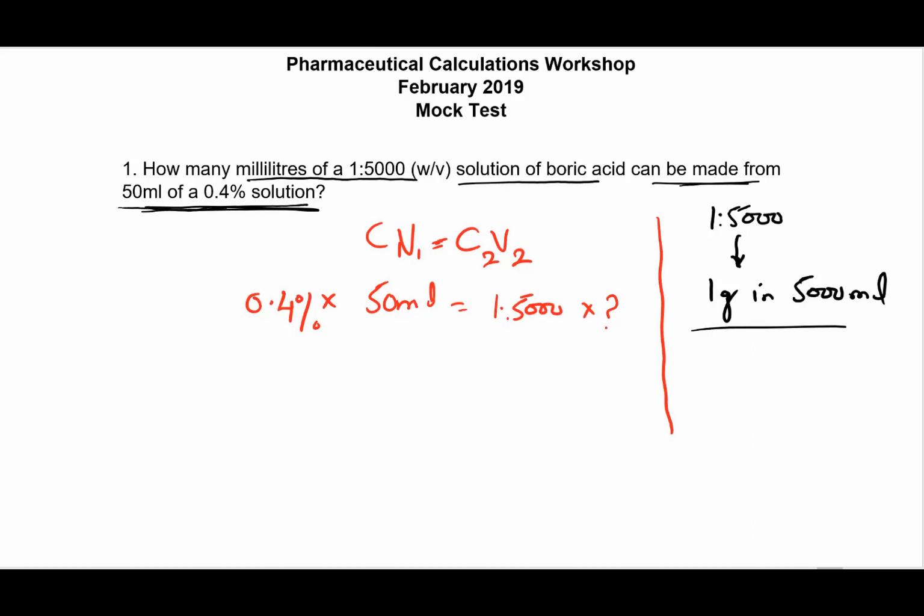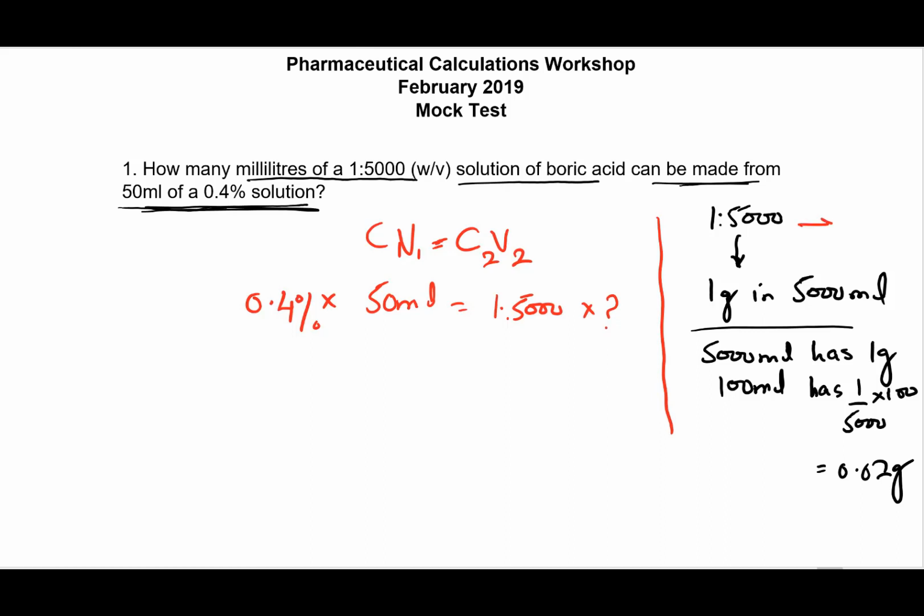So if 5,000 mils has 1 gram, 100 mil will have 0.02 grams. That means 1 in 5,000 is equal to 0.02%.